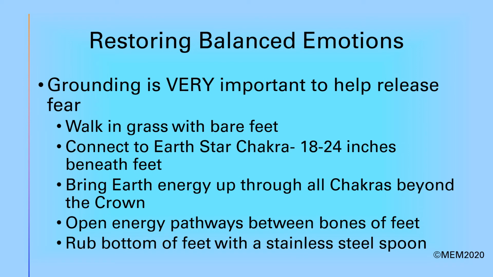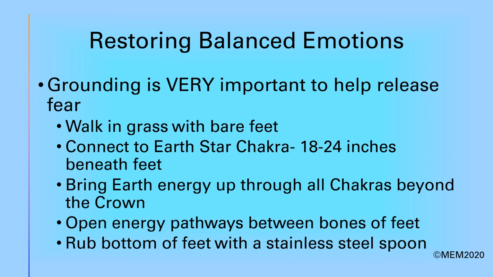So the way that it works, the energy of the earth comes from our earth star chakra. The earth star chakra is about 18 to 24 inches. Some sources will say more than that, some a little bit less, but it's that far beneath our feet into the earth.